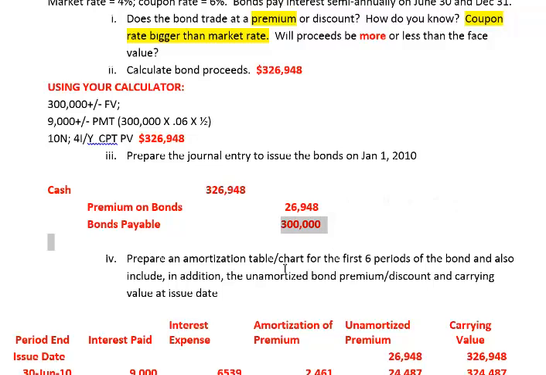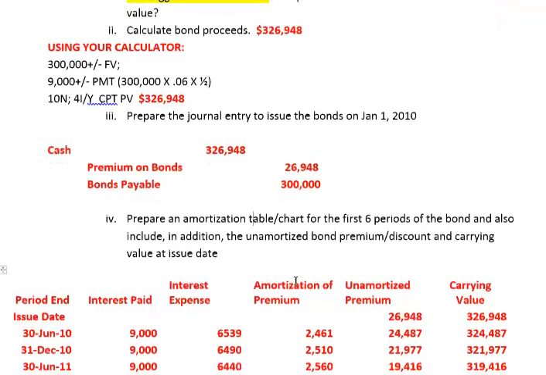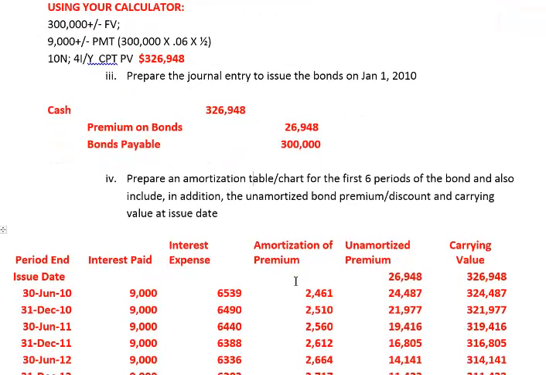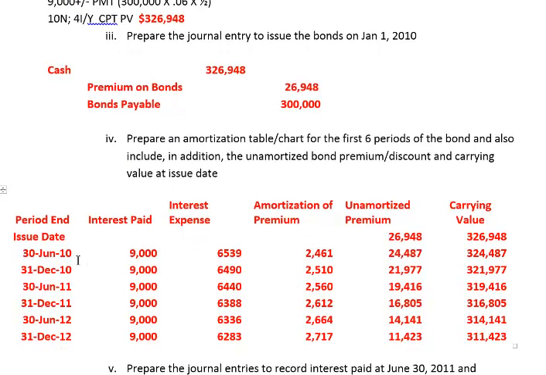So if we were to prepare an amortization table or a chart for the first 6 periods, which is the first 3 years of the bond, they wanted us to include here, in addition, the carrying value at issue date, which means we have an unamortized premium here of $26,948, which we add to our table. And we know the carrying value of the bond is what we set up as cash.